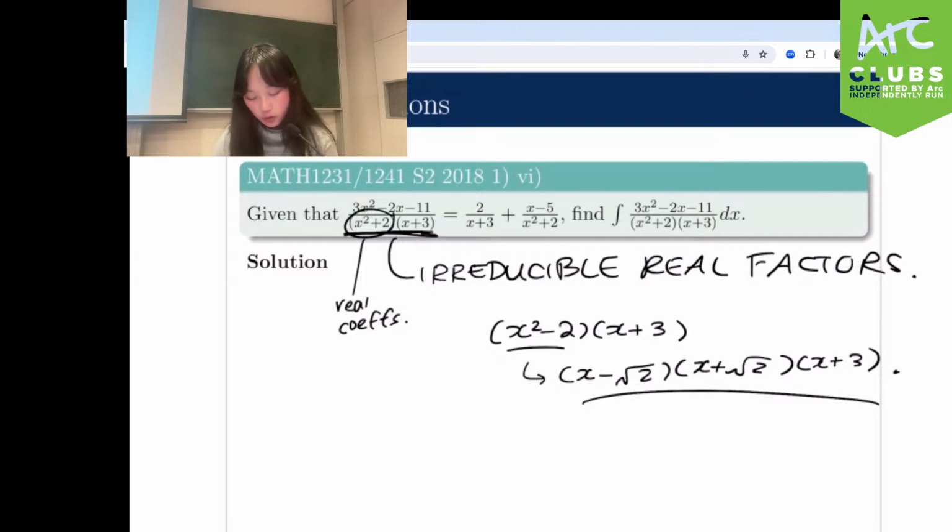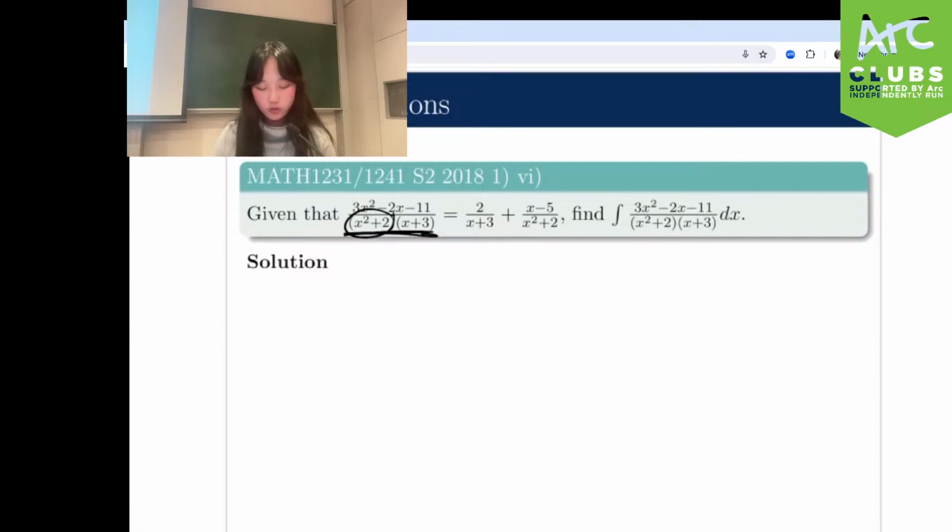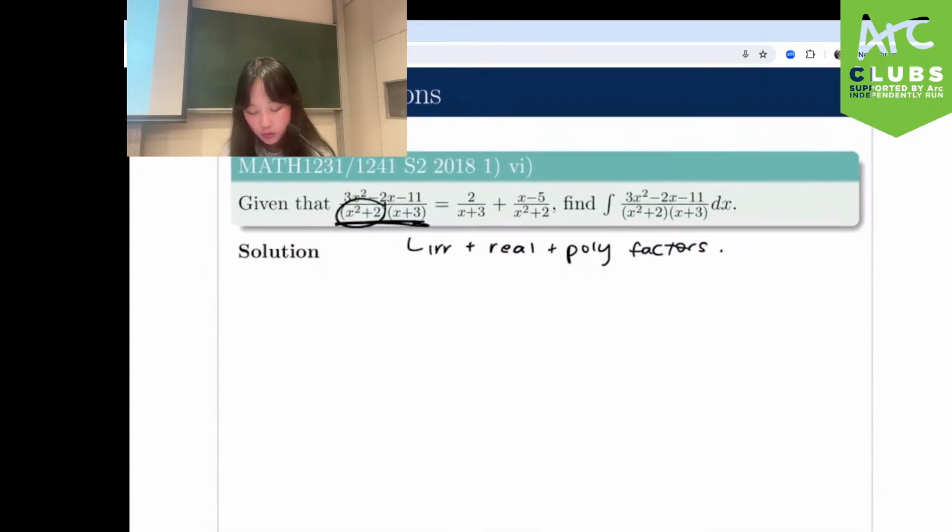But when it comes to something squared plus something positive, that is the final irreducible form. Okay? So we want to get it down into irreducible real polynomial factors. And what we do is we want to decompose this into fractions. And they've already given that to us, so that's very nice of them.